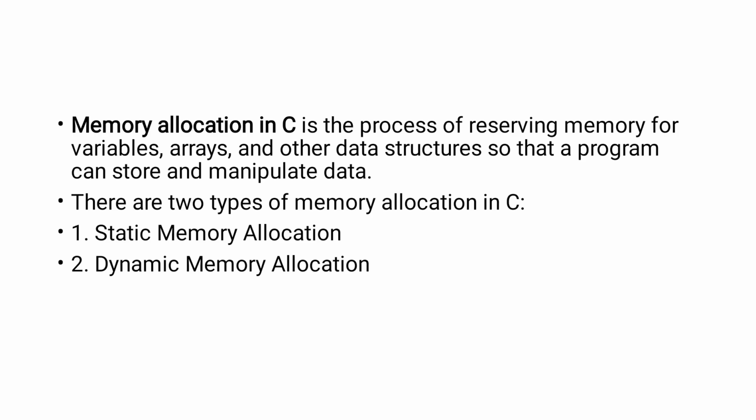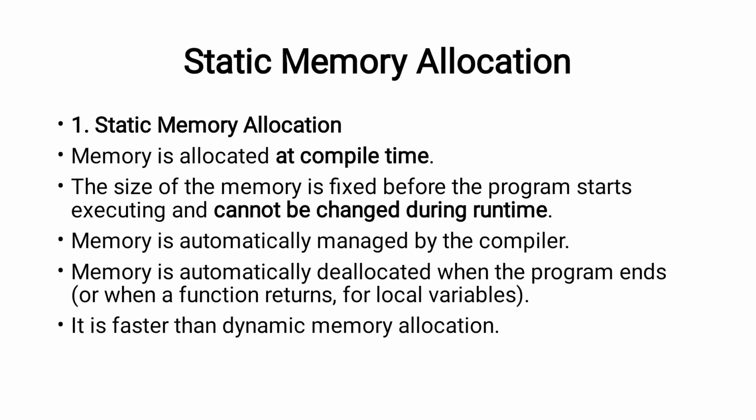Now we are going to see what static memory allocation is. What is static, what is dynamic? From the name itself, static means fixed, there is no change. Static memory allocation means memory allocation happens during compile time.